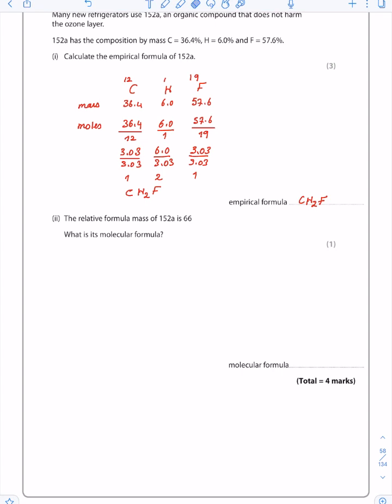What is the molecular formula? We get the number of empirical formula units, which is MR over ER.